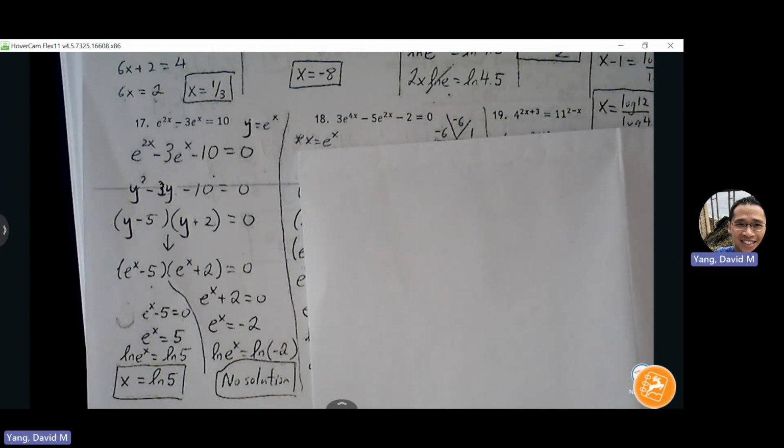So, once we bring e to the x back, then we basically made our way down to 2 simpler problems. So e to the x equals 5, e to the x equals negative 2.